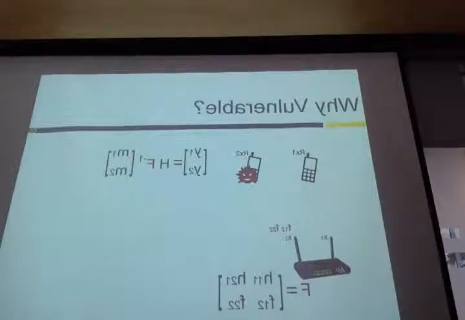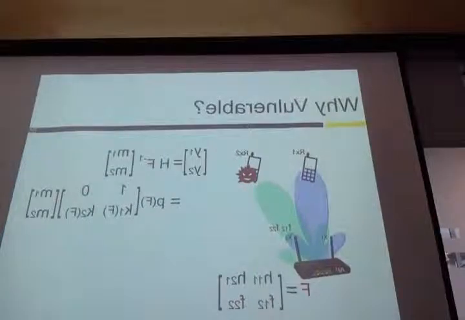The first consequence of this forged CSI is that the received signal is no longer identical to N1 and N2. Based on the derivation in our paper, we found the received signal will look like this. The takeaway here is that the power coefficient, PF, is controlled by the forged CSI. And the second coefficients for the signal, K1F and K2F, are also controlled by the forged CSI.